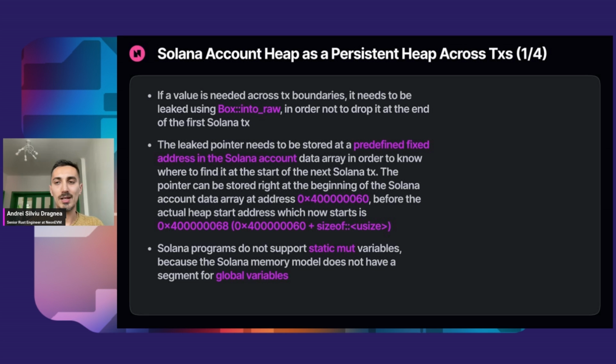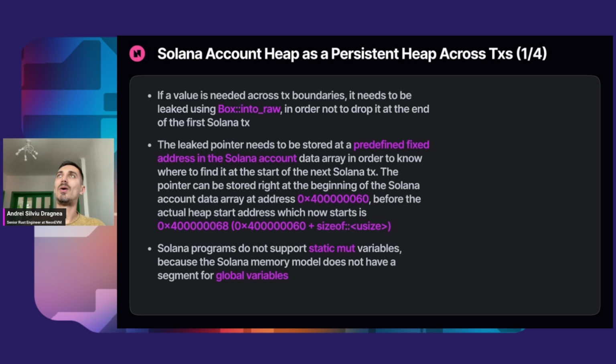In our case, it's the EVM state, but for the sake of the example, think about an array of bytes that will be our state. The problem is that this value will need to be accessible in the second transaction and following transactions too. So we need to allocate it on the heap with Box::new, and then use Box::into_raw to leak the pointer intentionally. And this is another interesting thing.